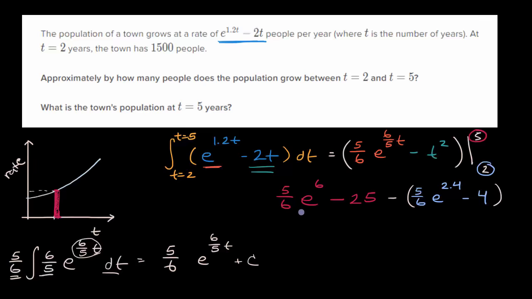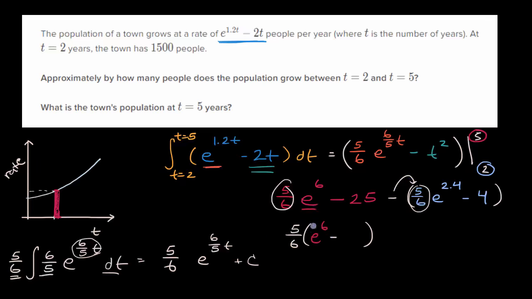And so what do we get? Well, there's a couple of ways that we could do this. We have a 5/6 and a 5/6, so we could write this as 5/6 times e to the 6th, minus e to the 2.4, because we distribute that negative sign.